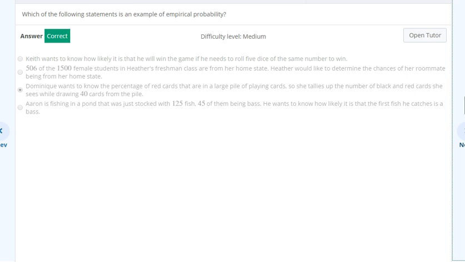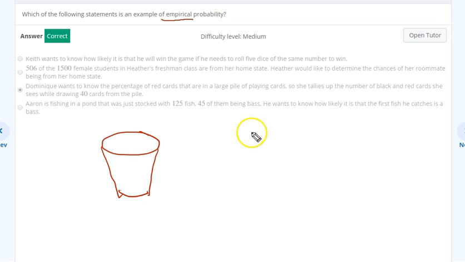Now, for this one, here we want to read each of these statements and then determine, and sometimes it could be more than one, which are empirical. Now, a little background on empirical is, if I have a styrofoam cup and I toss that cup 100 times, sometimes it will land like this.